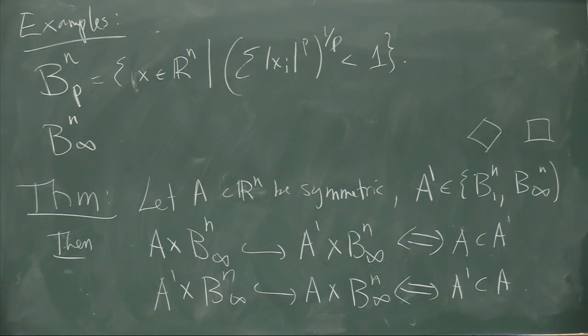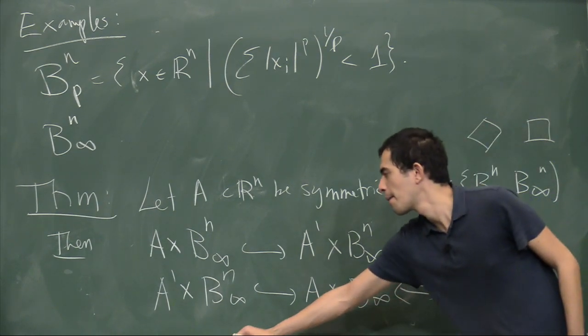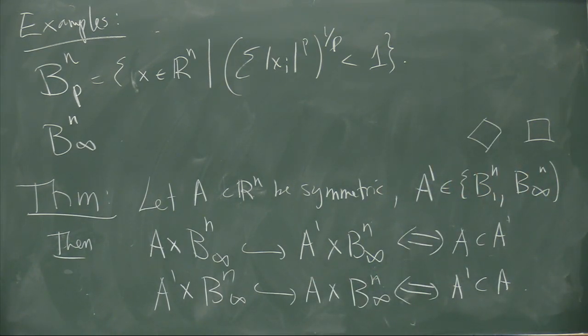So we're looking at any kind of symmetric domain times a cube. So what we can show is that embedding a symmetric domain times a cube into another symmetric domain times a cube is extremely rigid, provided that one of the two is either the cube or the high-dimensional diamond. Okay? So that's the theorem. Any questions about the statement of the theorem?